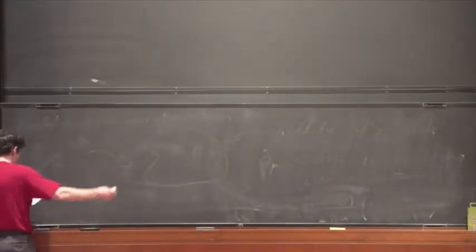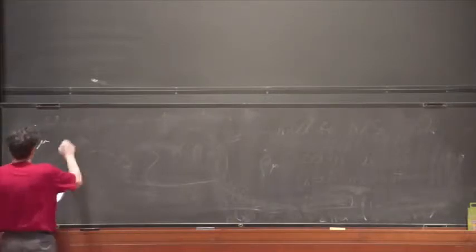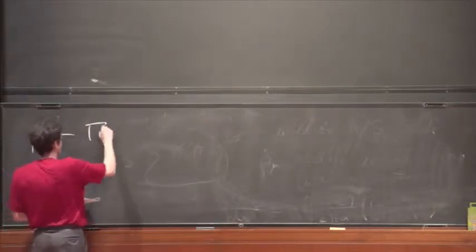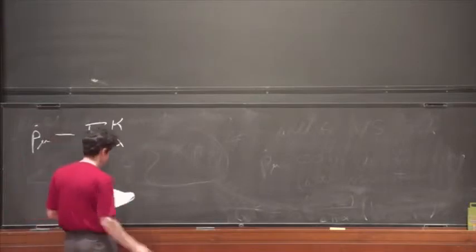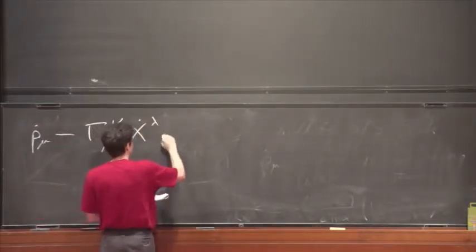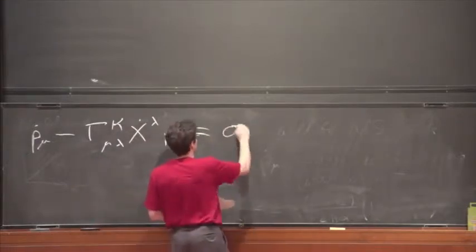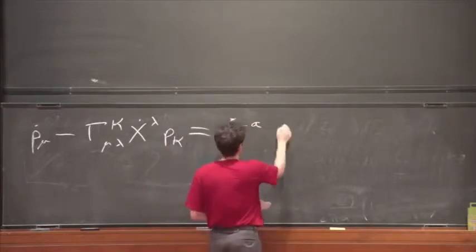Okay, that equation is p_mu dot, meaning d by d psi of p_mu, minus p_kappa Γ^kappa_{mu lambda} x dot^lambda p_kappa, equals this term which describes the way that the string pulls upon the endpoint.